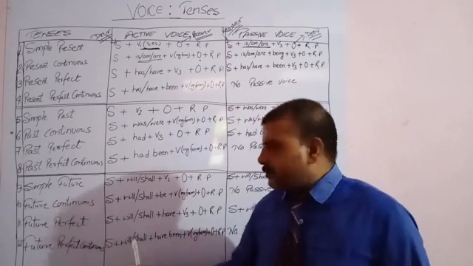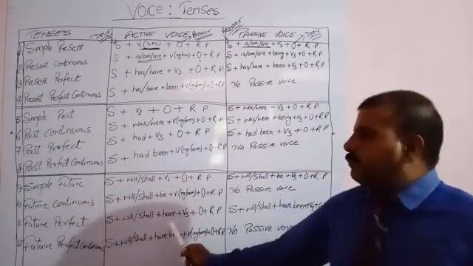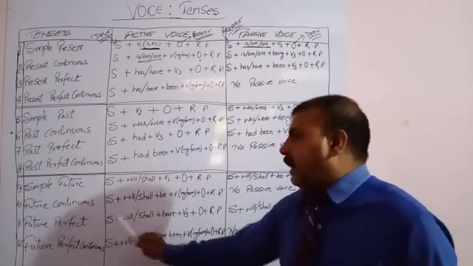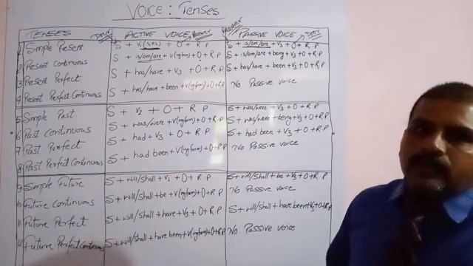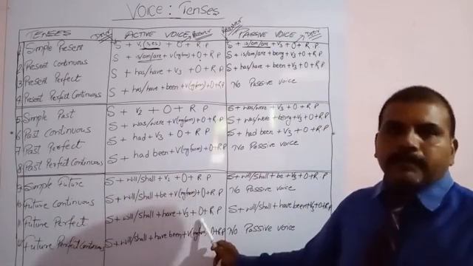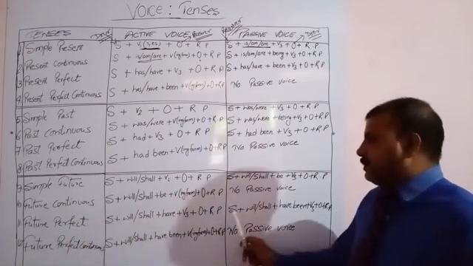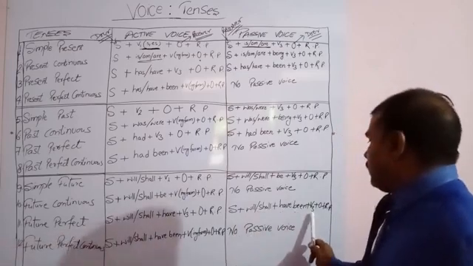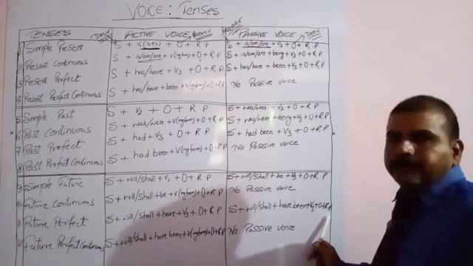Future perfect tense: subject, will or shall, then have. In future case we just write have, whether the subject is singular or plural, and as it denotes the perfect case, in perfect case whether active voice or passive voice we always use the third form of the verb, then the receiver of the verb and the remaining part if any. In passive voice: subject, will or shall, have been, verb third form, object meaning the doer of the verb, and the remaining part.